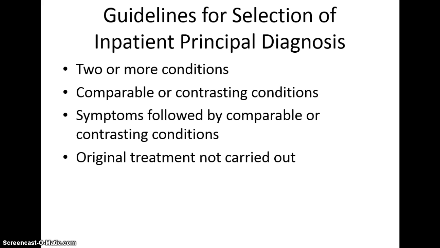Of course, this is unless the alphabetical index or the tabular list directs you to do otherwise. When treatment is totally or primarily directed towards one of the conditions, or when only one of the conditions would have normally required inpatient care, that condition should be designated as principal diagnosis. If another coding guideline, whether it's general or disease specific, provides sequencing direction, that guideline must be followed.